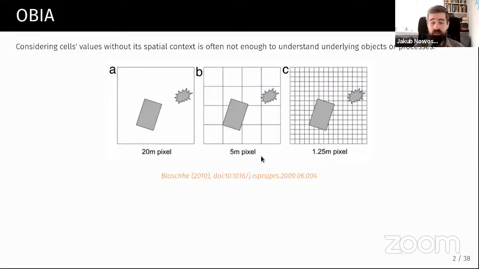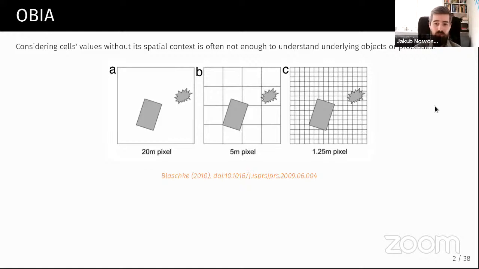So let's just start with a short introduction. Often when we work with spatial data, we work with a raster representation of the data, and this raster representation considers cells as its main object.